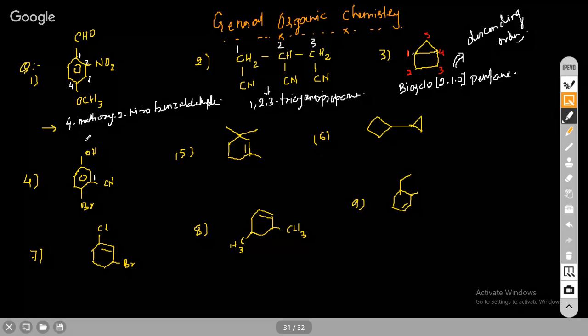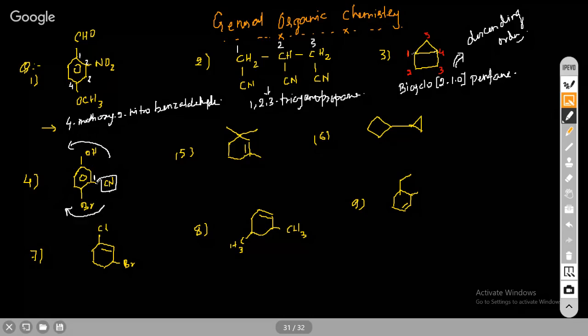Okay. You see, first of all, we'll start numbering from this carbon atom since this is the highest priority here, cyanide. Now, numbering we can go to this side also and this side also, right? So 1, 2, 3, 4, 5, or 1, 2, 3, 4, 5. You see, in this one, the sum of locants is the same whether you go in this direction or this direction.